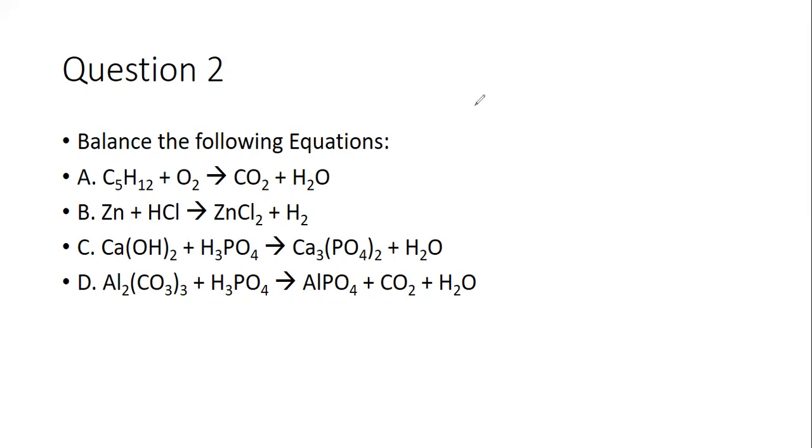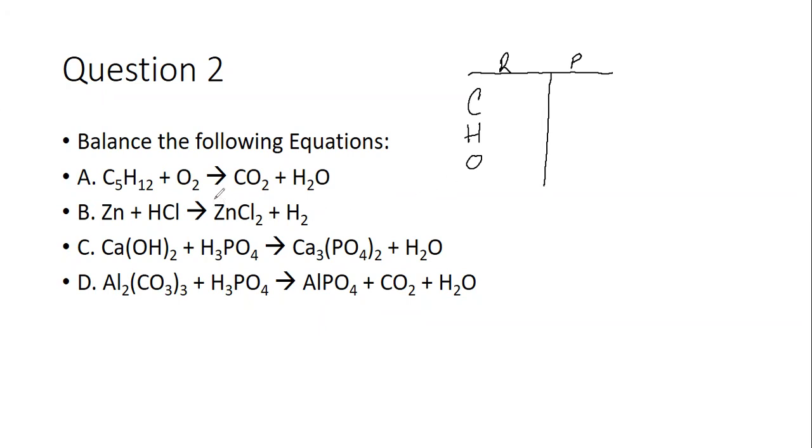So for A, I have 3 elements: carbon, hydrogen, and oxygen. I write down the elements in a column like that. Then I'll make a T. The left side of the T is my reactants. The right side of my T is my products.